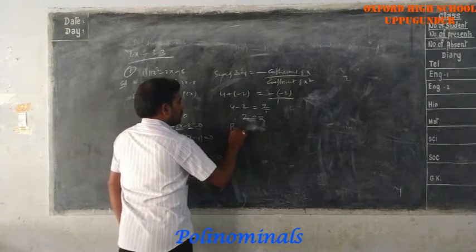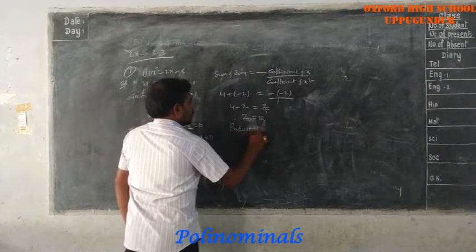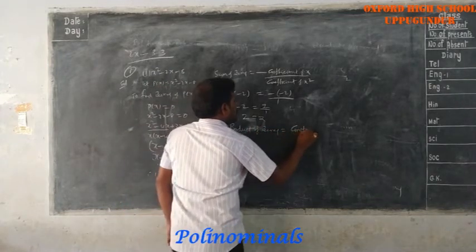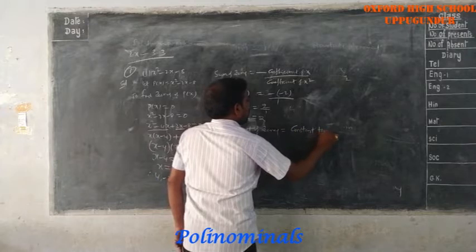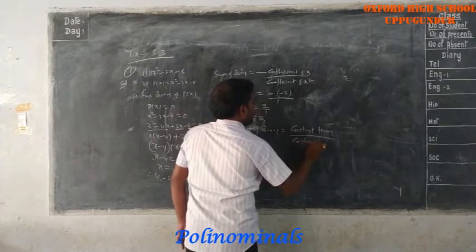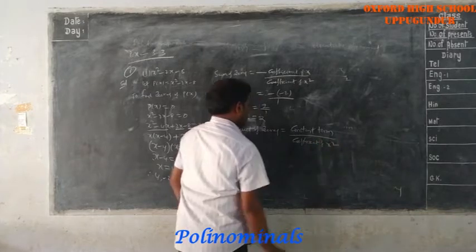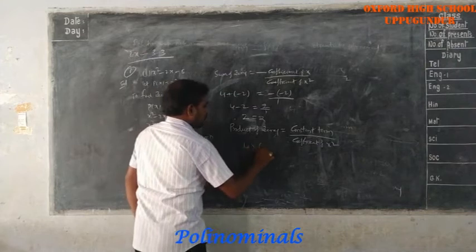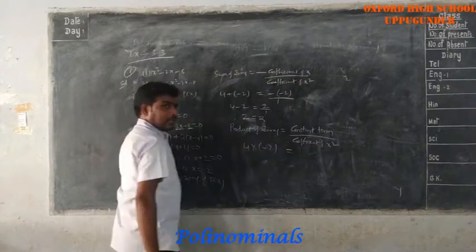Next, product of the zeros. Product of zeros equal to constant term by coefficient of x square. So product of zeros, 4 into minus 2. These are the two zeros.